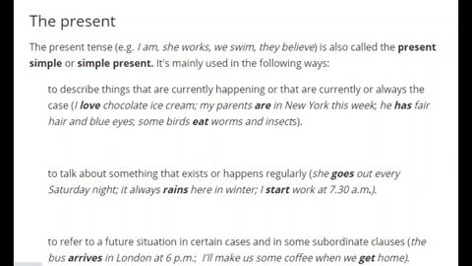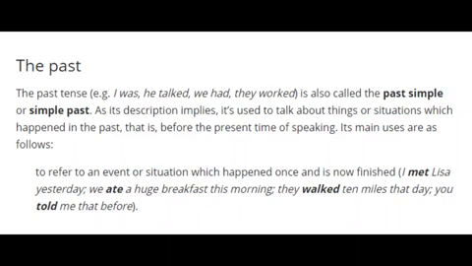Now past tense. Let's see the past tense. The past tense, for example, I was, he talked, we had, they walked, is also called the past simple or simple past. As its description implies, it is used to talk about things or situations which happened in the past.